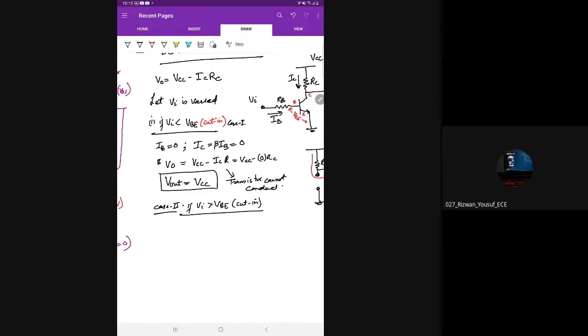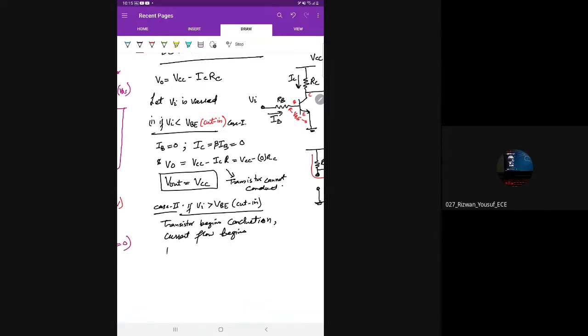In the second case, if V input is greater than VBE, the transistor can conduct. The transistor begins conduction, because it is quite higher than 0.7 V, and current flow begins, whether it is base current or collector current.